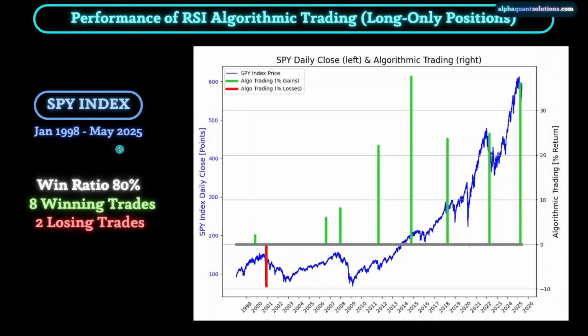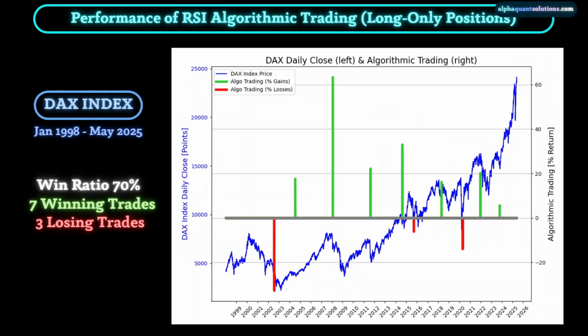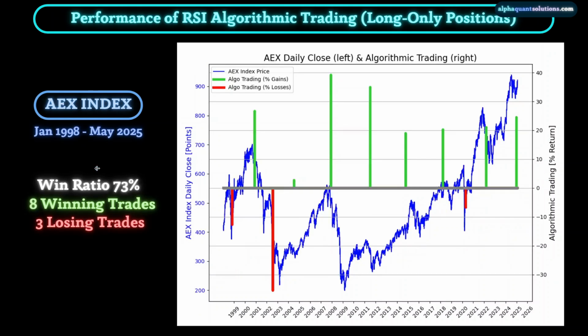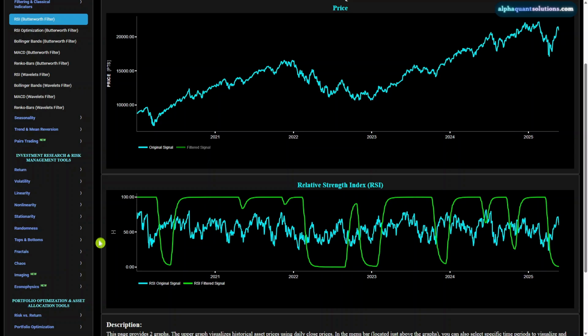Also 80% when we applied it to the S&P 500 ETF over a long period of time, starting from 1998 until May 2025. For the German DAX index, a win ratio of 70%, and for the Dutch AEX index, a win ratio of 73%. Now let's go back to our dashboard.